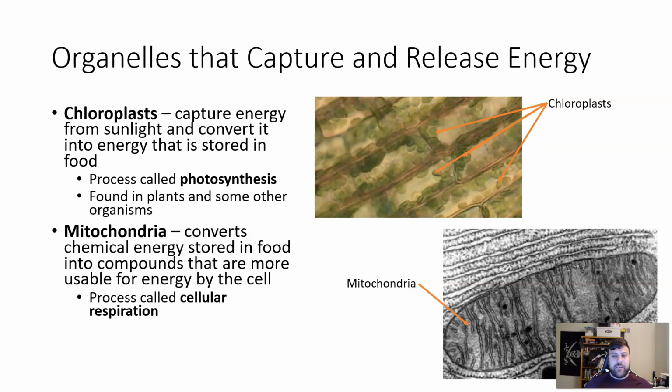And this is a process that is called cellular respiration. And this organelle is found in almost all eukaryotic cells. There are some that don't have it, but for the most part, eukaryotic cells will have mitochondria because they all need energy. And like I said, this is what we refer to as the powerhouse of the cell.